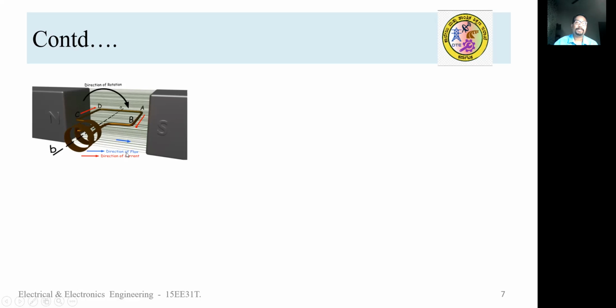Then the middle finger gives the direction of induced EMF, which is coming towards the observer, as shown by the red arrow mark.